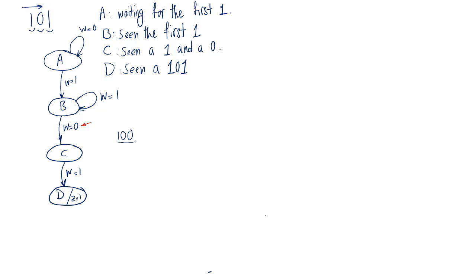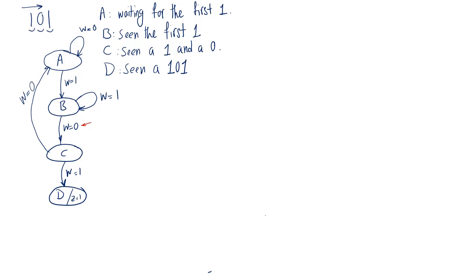Because if I get a 0, I'm going to go to 0, 0, 0. If I get a 1, I'm going to go to 0, 0, 1. So this is a dead end for me. The moment I'm in state C and I've seen a 1, 0, and I get a 0, it's almost as if I'm going back to state A and I have to wait for my first 1 to come in. So W is equal to 0.